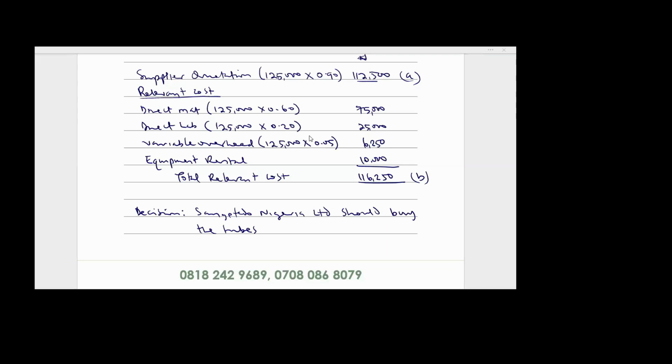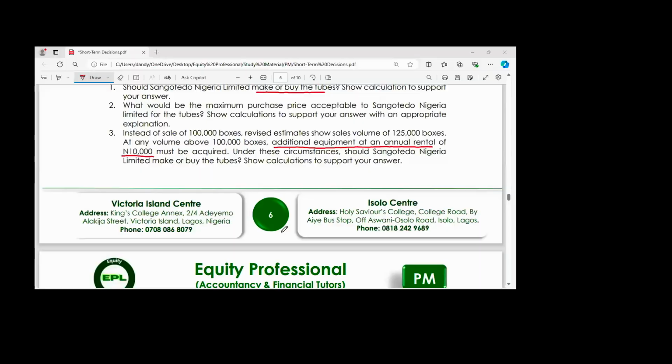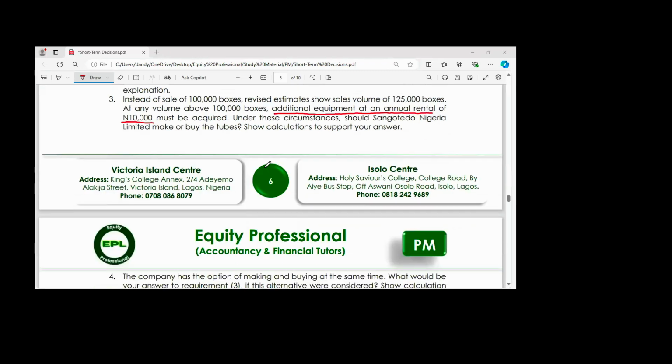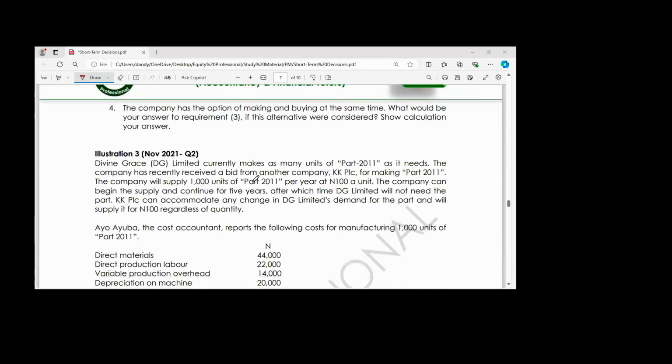Okay, so let's have another illustration. Let me stop sharing this and move to the next one. Hopefully the remaining minutes that we have will be sufficient to undertake this.